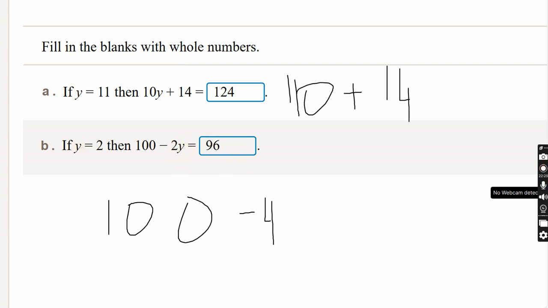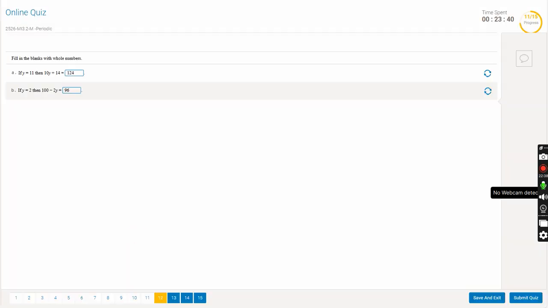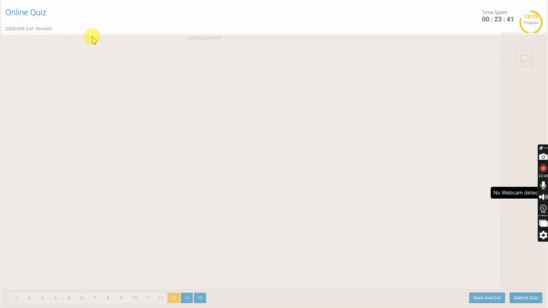Remember the sign of this one as well, it was 110 plus 14, they're both positive, the sign is positive. Here it was 100 minus 4, the smaller number had a negative sign, so we just go to the sign of the bigger number, which was 100, so we put a 96 positive.